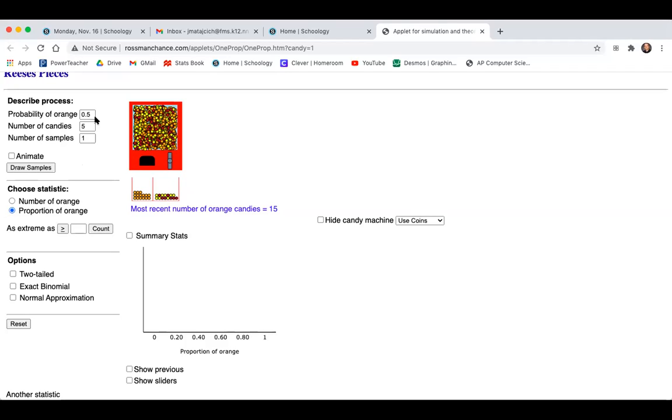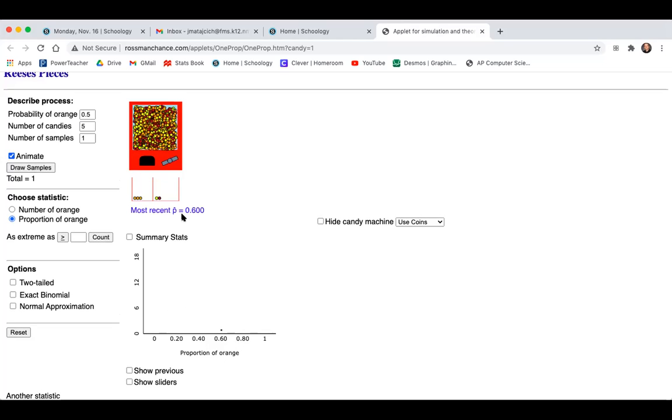So you would assume if you pick two candies, one of them is going to be orange. For this first sample, we'll take out 5 candies from this machine, and we're only going to do this one time. So let me take the sample out, and it's going to plot the proportion down here.